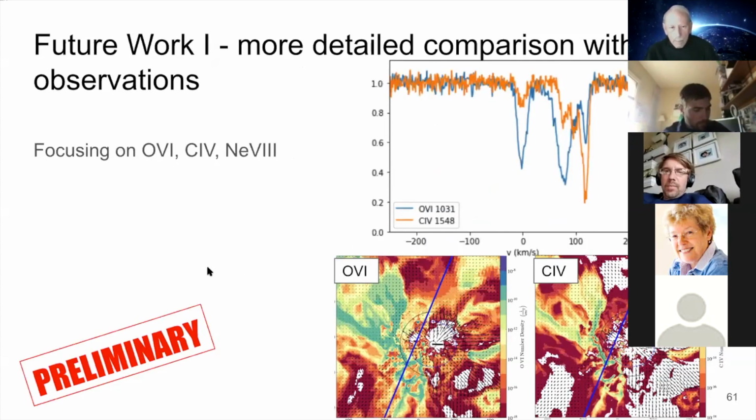So one thing we can do in a simulation is we can actually just look at this. So this is kind of cool. Here is a spectrum of, say, oxygen 6 versus carbon 4. They've been shifted into velocity space, so they are overlapping each other. And basically you see, okay, here's 3 components of oxygen 6 and 4 components of carbon 4, where they mostly align, except in one of them we have more carbon 4 than oxygen 6.